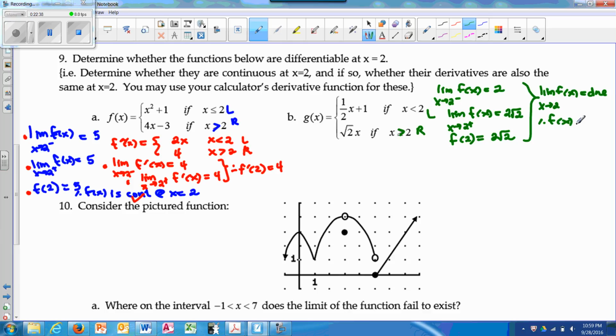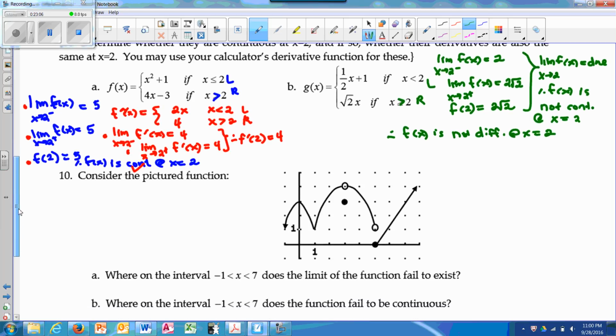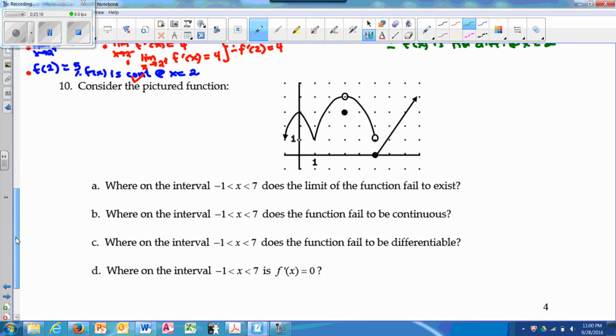Okay, so for B, first I'm going to check continuity. So I'm going to label left, right. So from the left, the original function, 2 divided by 2 is 1. 1 plus 1 is 2. X approaches 2 from the right, the original function. Notice, be very careful, this is not the square root of 4. The x is not under the radical. That means I have 2 times the square root of 2.